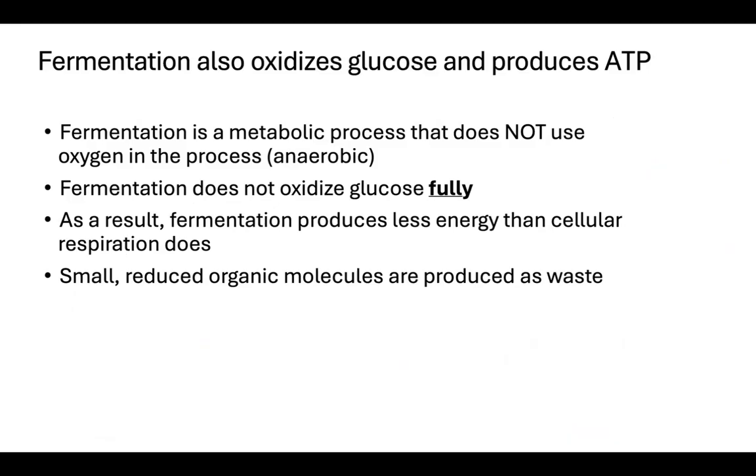There's another process also called fermentation where we can also process glucose and oxidize it. That will also produce ATP, but in the absence of oxygen, we can't fully oxidize glucose. So you don't get as much ATP out of this if it's an anaerobic reaction.